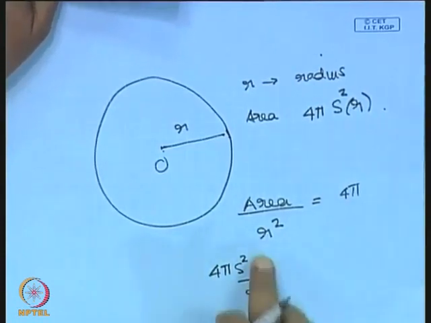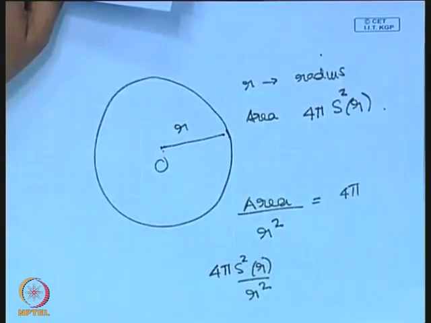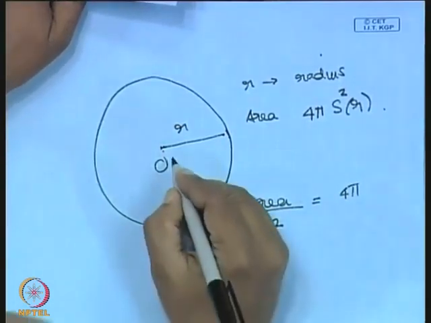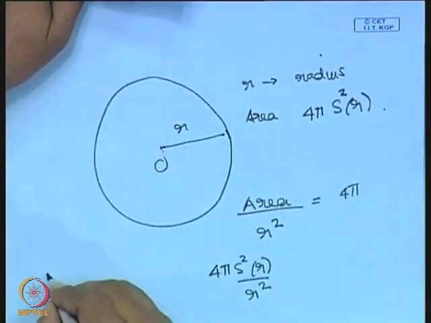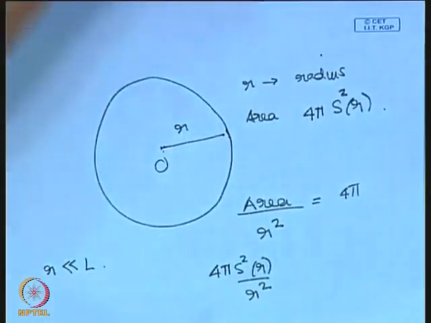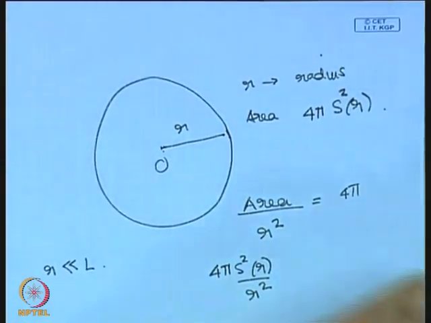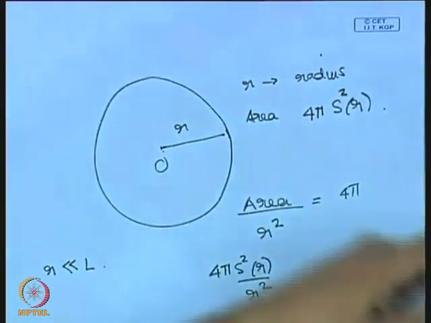This ratio becomes dependent on r. That is the crucial difference. For small spheres, if you make the radius very small, how small should it be? If r is much less than the radius of curvature.